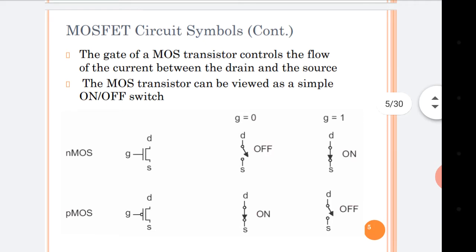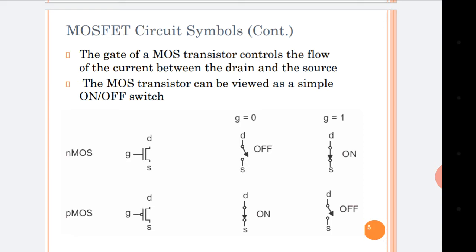For understanding the operation of the MOSFETs and the logic gates, observe this table. The gate of the MOS transistor controls the flow of the current between the drain and the source. The MOS transistor can be viewed as a simple on-off switch. In NMOS, if G is equal to 0, then the MOSFET is acting as an off switch.